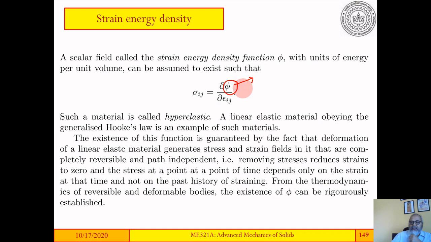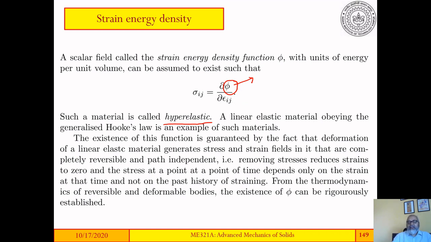This scalar function is such that if you take its derivative with respect to epsilon ij, you get sigma ij. If such a scalar function exists and we know it, then this material is called hyperelastic. So a hyperelastic material has a strain energy density function whose derivative with respect to strains gives you the stresses.